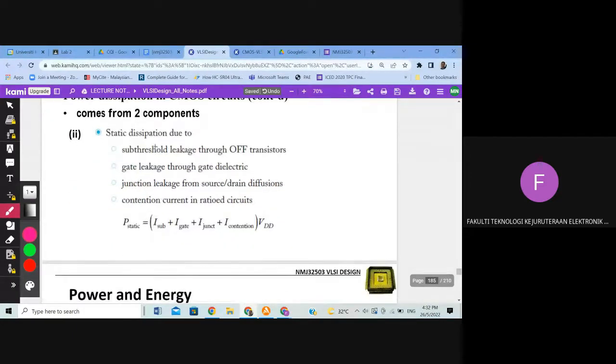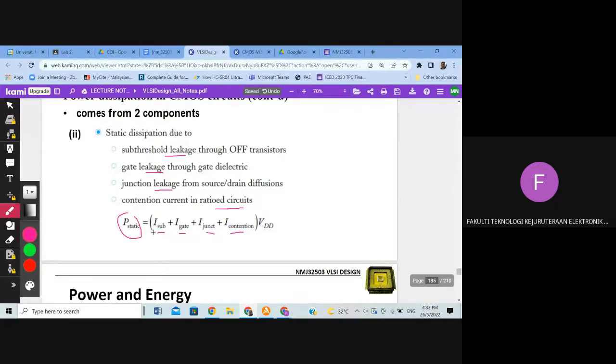Static power comprises sub-threshold leakage, so it's more on leakage. It includes sub-threshold leakage, gate leakage current, junction leakage, and also contention current in ratioed circuits. So these four elements, I sub, I gate, I junction, and I contention, contribute to the static power.